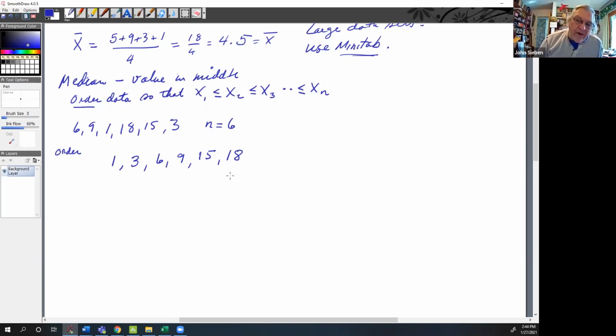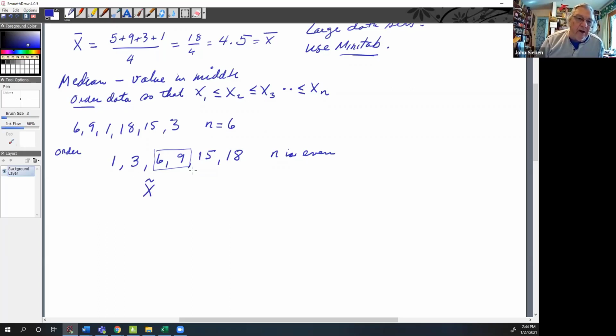Now the piece of data in the middle is what we defined as the median. But notice that n is even in this example. So there isn't a piece of data that stands right in the middle with the same number below as above. What we have is 6 and 9 being in the middle position with 2 numbers below and 2 above. So to find the median in this example, and the median has a symbol, x tilde, this would be a statistic, right?